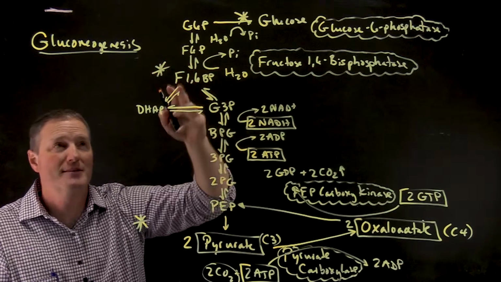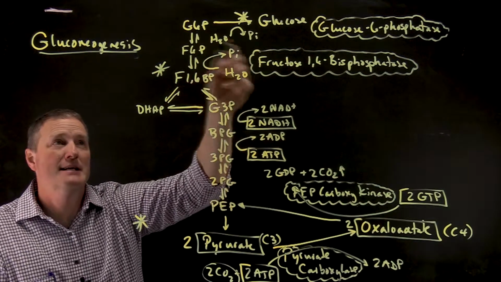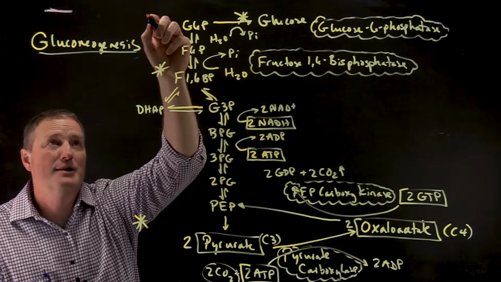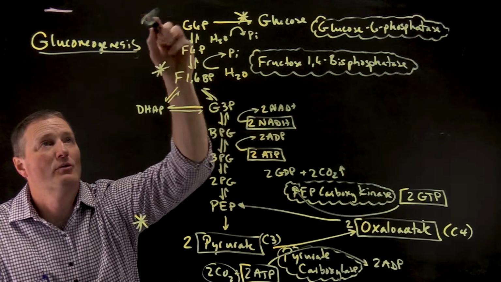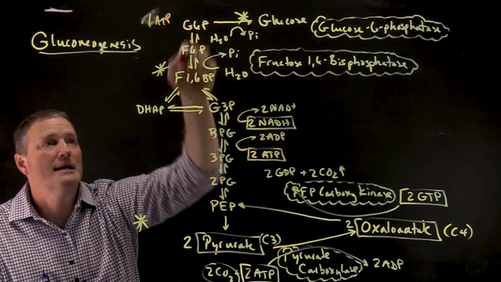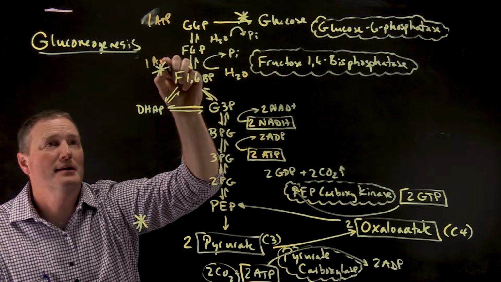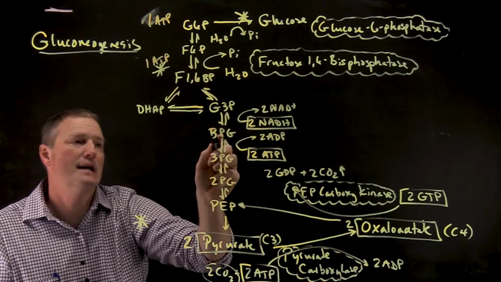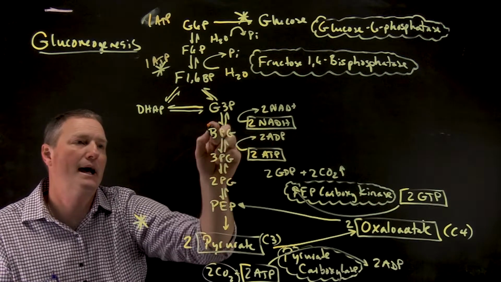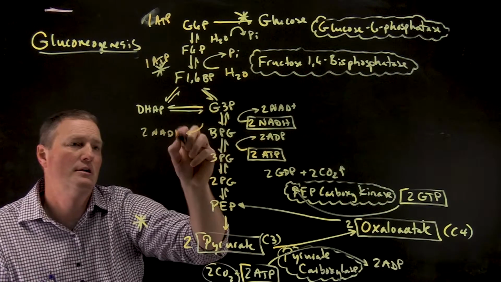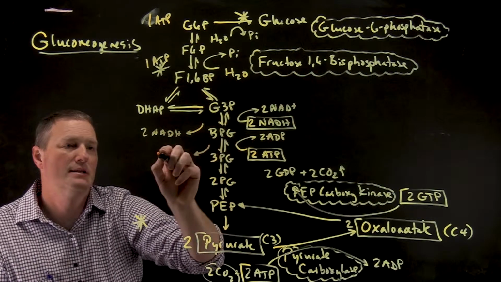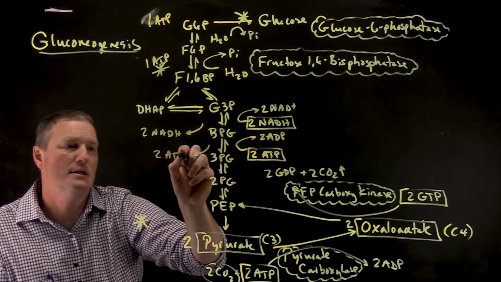So if I go through glycolysis, just to refresh our memories, in this first step, I use 1 ATP. In the second step, I use 1 ATP. Down here, I end up getting out 2 NADH. And here I get 2 ATP.